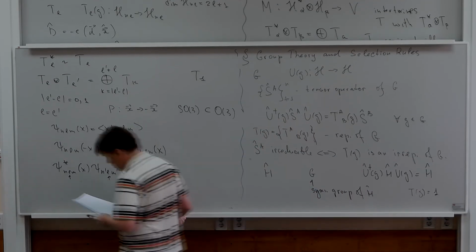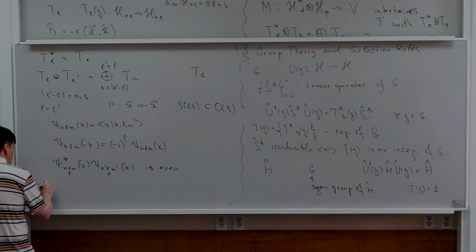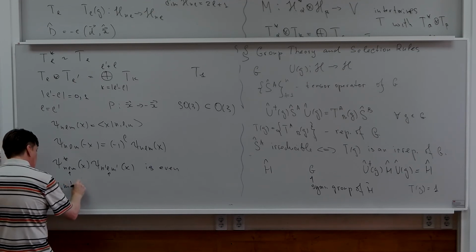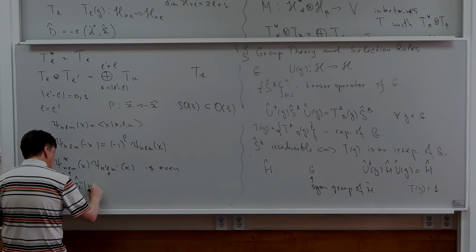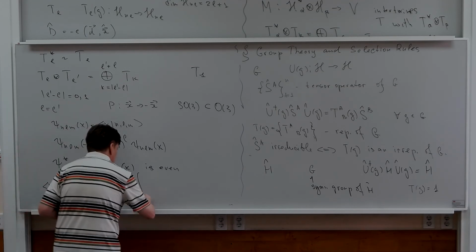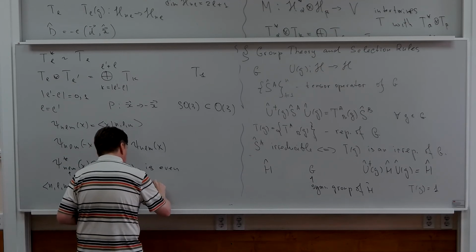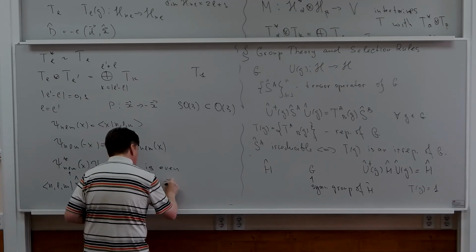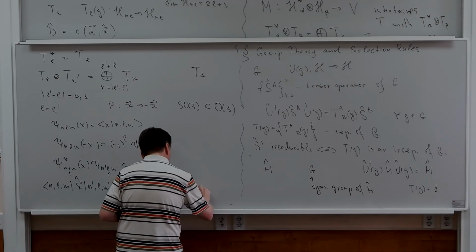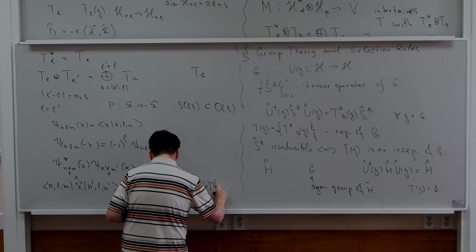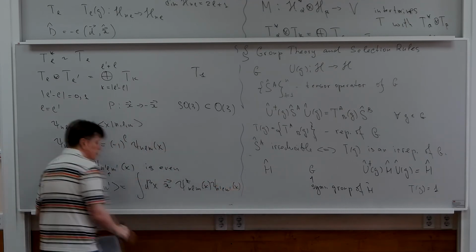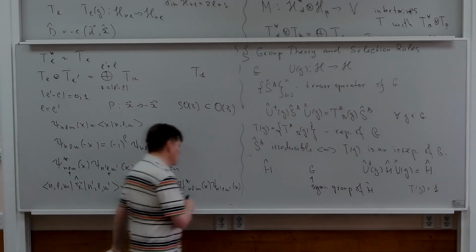So now consider the matrix element ⟨n L m| x |n' L' m'⟩, given by this integral over space of ψ* x ψ.